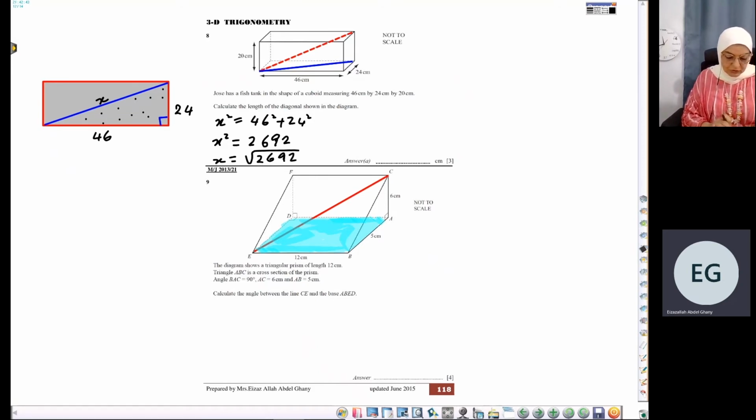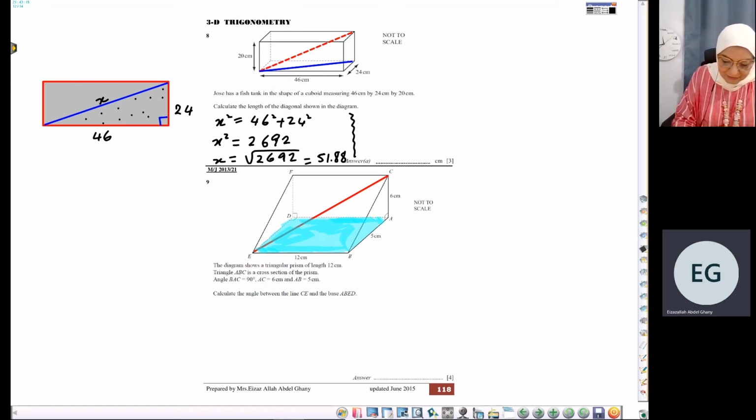Click square root, answer equals, and you write it in decimals, but we will need it as thirds. Thirds are exact. It is 51.88 centimeters.